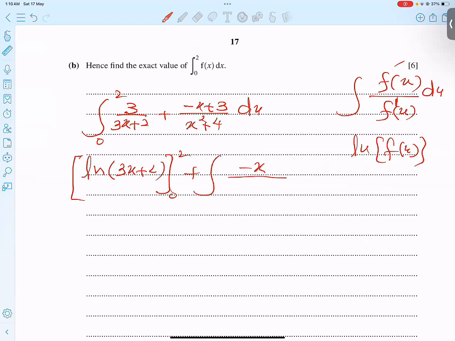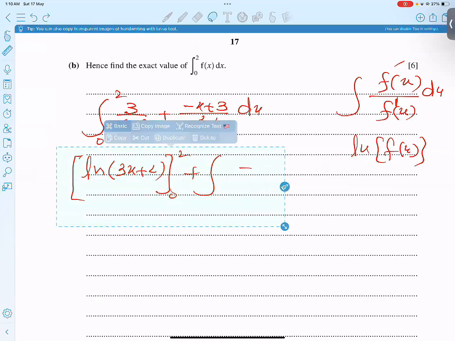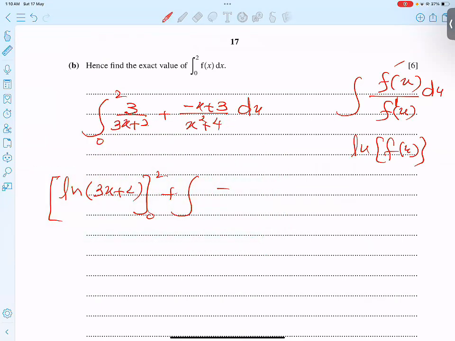I bring it down here and break it in two parts: negative x over x squared plus 4 dx, and plus 3 over x squared plus 4. I hope the point is very clear.